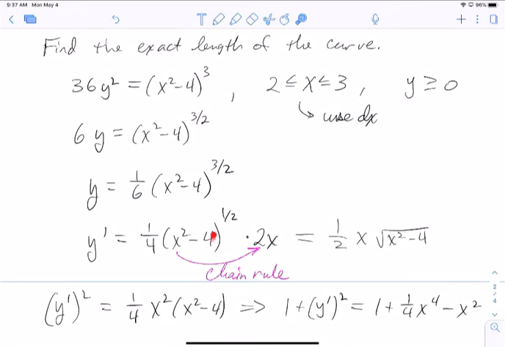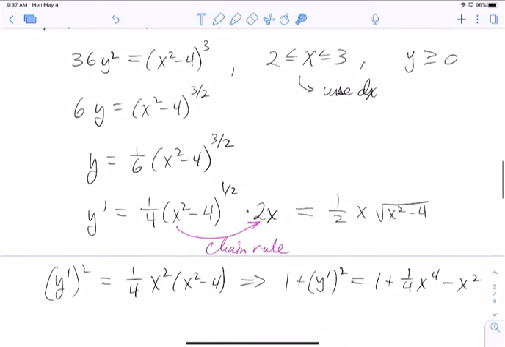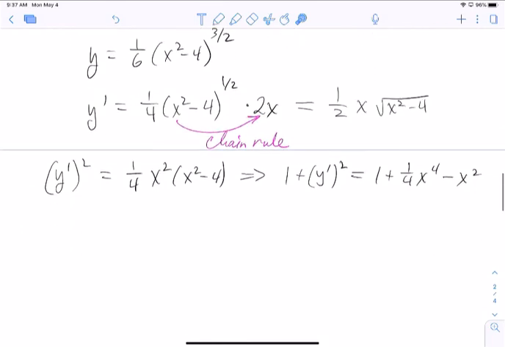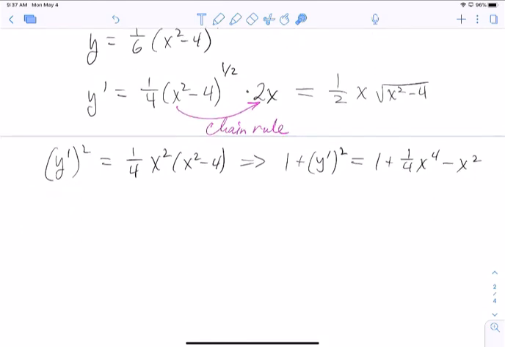The derivative of the inside function is 2x, giving us a result for the derivative of 1/2 x times the quantity of the square root of x squared minus 4. Y prime squared is then going to be 1/4 x squared times the quantity of x squared minus 4. Adding 1 to that gives us 1 plus 1/4 x to the 4th minus x squared by distributing.